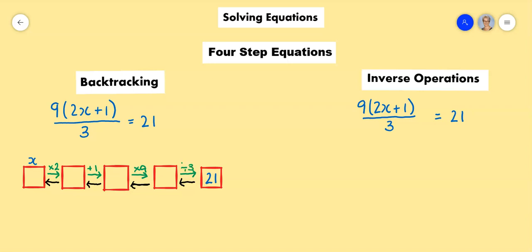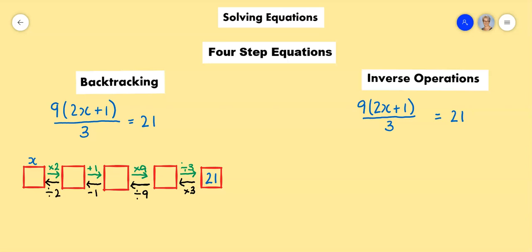So now to backtrack, we need to multiply by 3, divide by 9, subtract 1 and divide by 2.